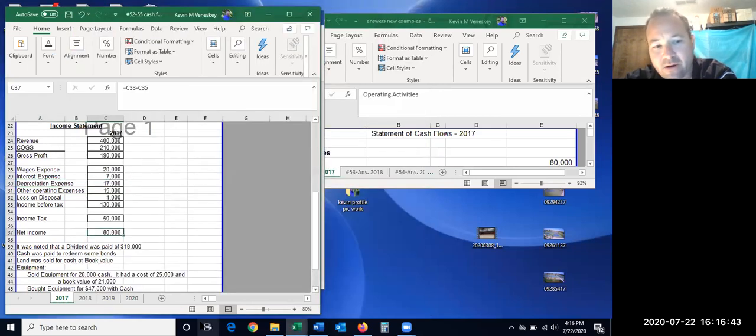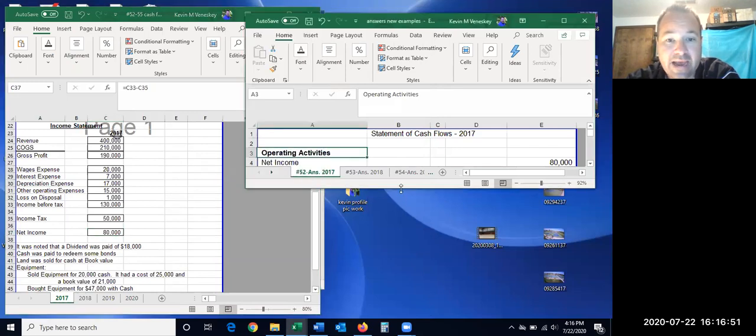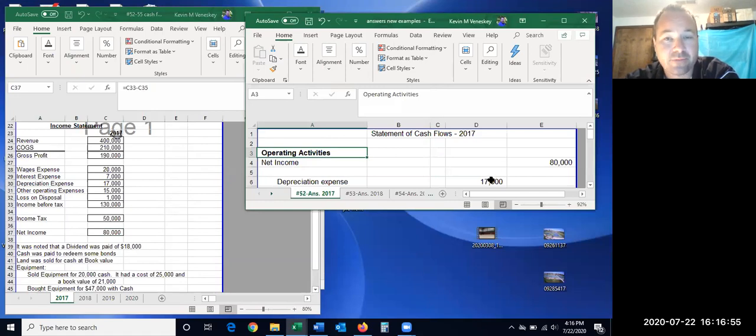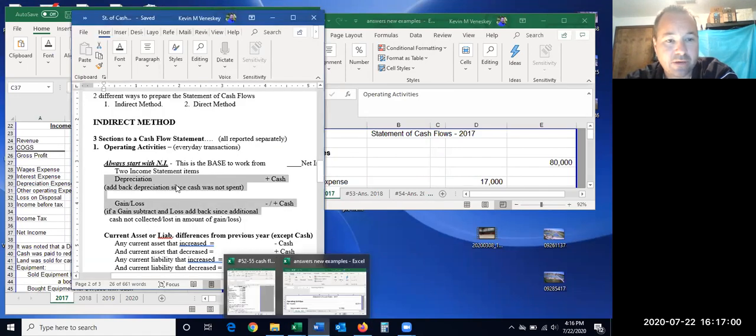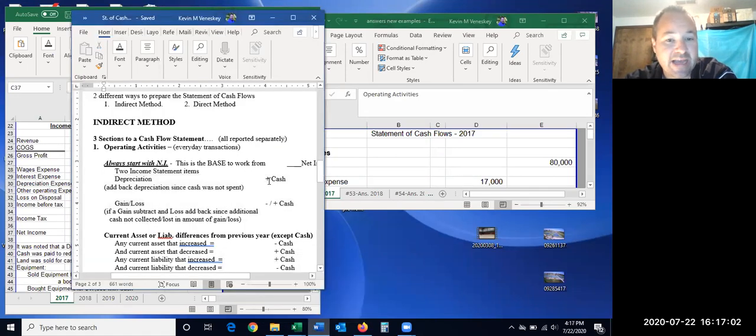So if it wasn't there, my net income would be 17,000 higher because those expenses bring the net income down. So what I'm going to do is simply add back in the depreciation expense. I'm going to make it a positive. And that's what my notes tell you to do here. Whatever the depreciation is, add it back in.